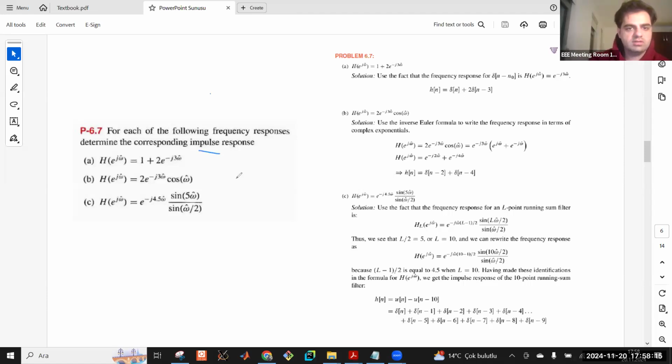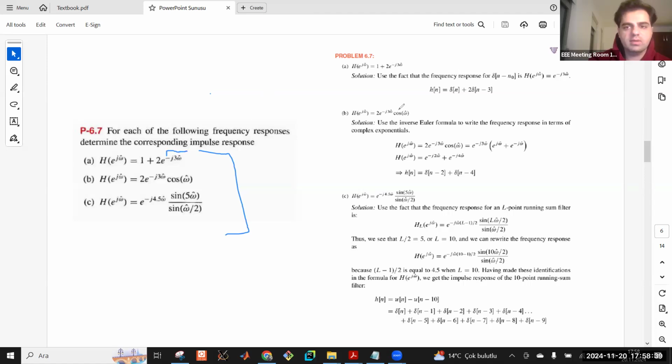In this question, we are given the frequency responses and we will find the impulse responses. So we will go back from frequency domain to time domain. We will use the simple fact that their coefficients will be the same and this exponent term will be the delay term in the impulse response.